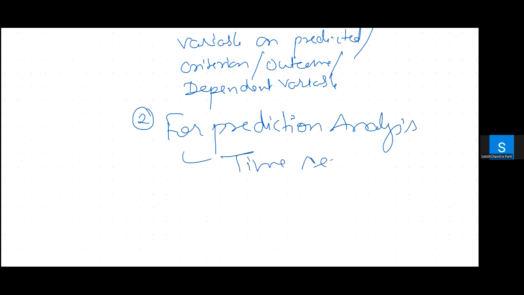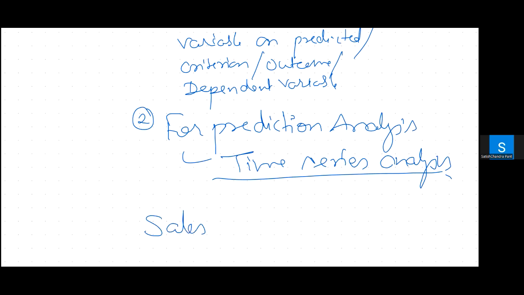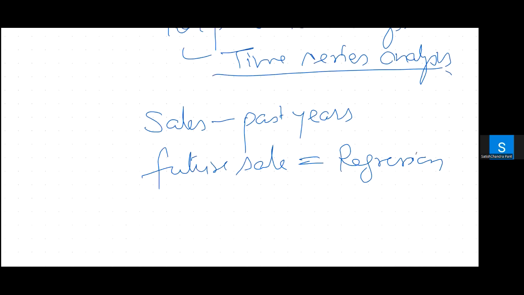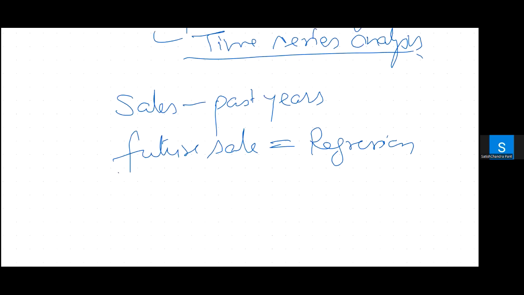Time series analysis is the best example of prediction analysis, where, if you want to understand the future sale on the basis of sales of past years, regression analysis will help to understand the future sale trend based on the past years' sales data, right?